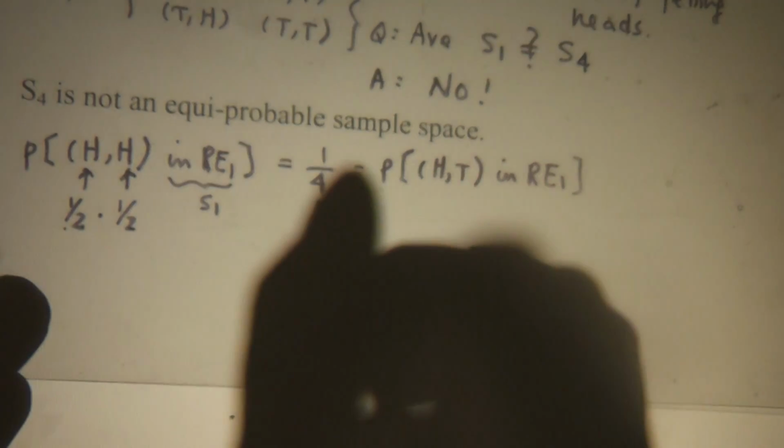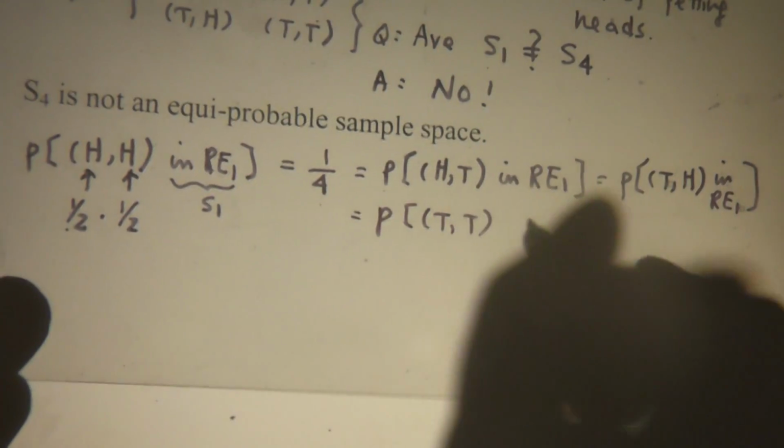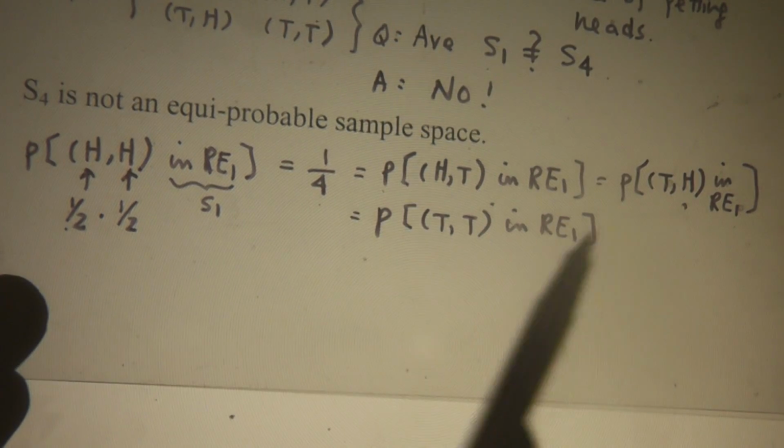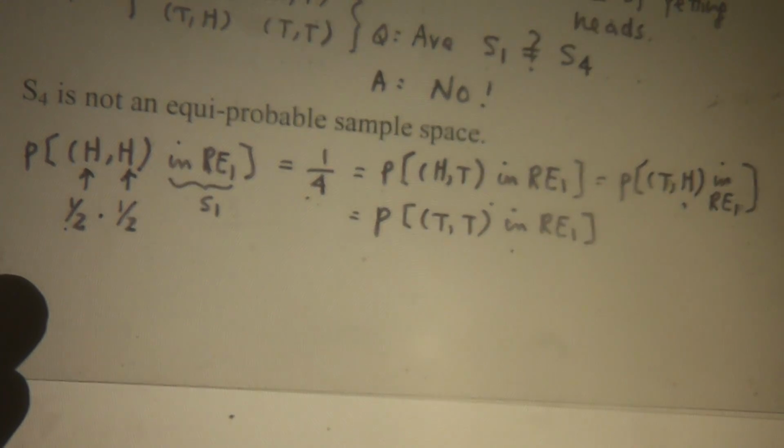Same thing for the rest. How likely do you see head-tail in random experiment 1? That probability is still 1/4. And this is the same as tail-head and tail-tail in random experiment 1. Their chances are all equally likely, which is 25% chance.